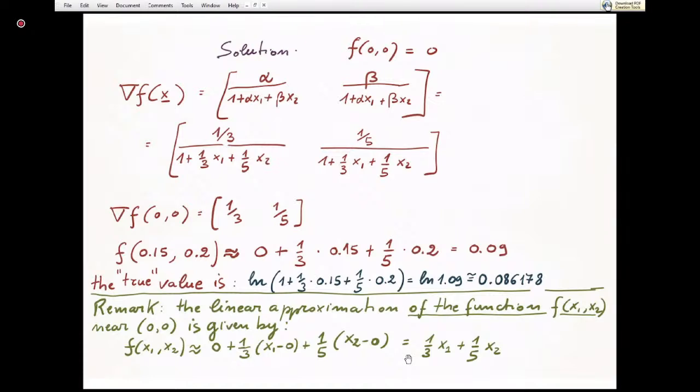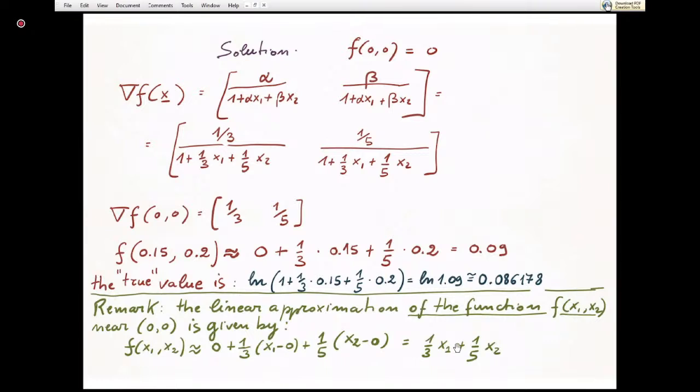What I mean is that here we have a numerical example. Here we have a more general generator of numerical examples, in the sense that if the two supposed increments, instead of being 0.15 and 0.20, are 0.10 and 0.30, you can directly use the tangent plane here and compute them by putting x1 equal to 0.10, and x2 equal to 0.30.